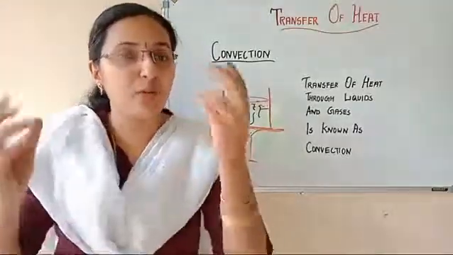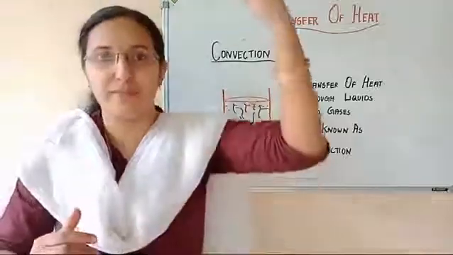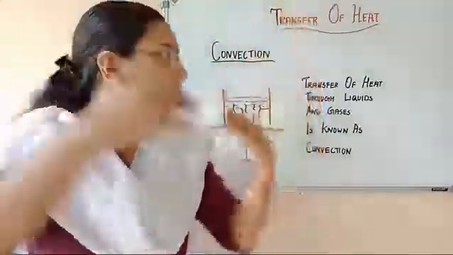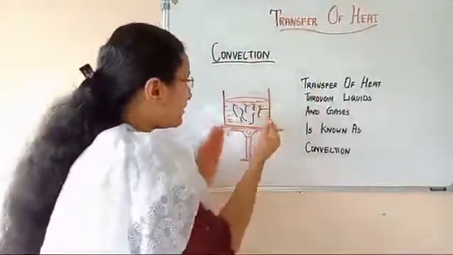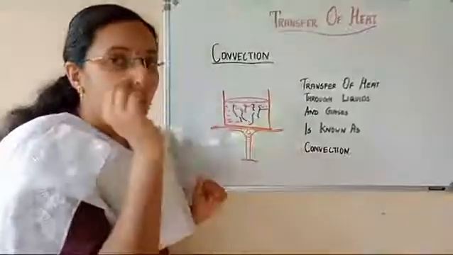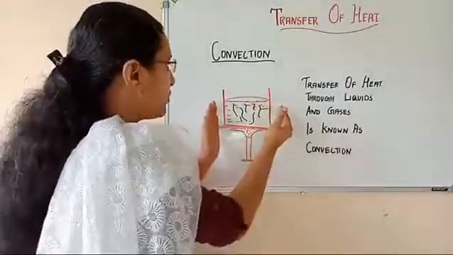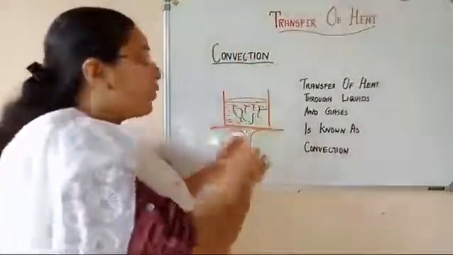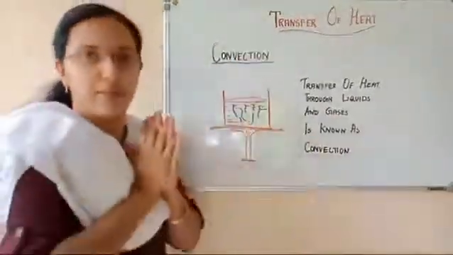Just like hot air, it always rises up. Water also rises up, and the water molecules rise up. Instead of that, it is replaced by cold water. From the side, cold water will come, and this continues till the whole water becomes heated up.